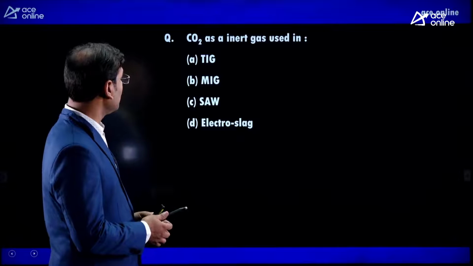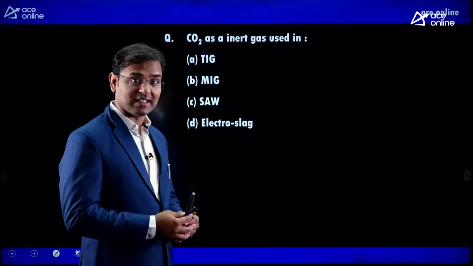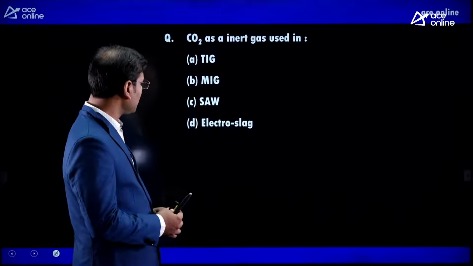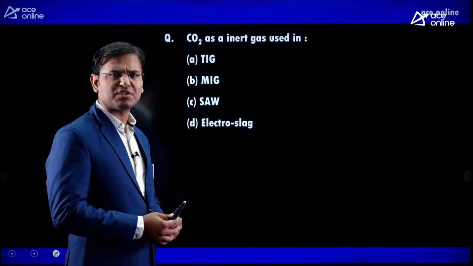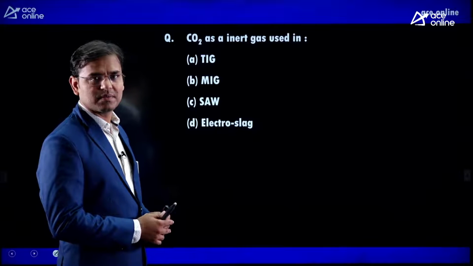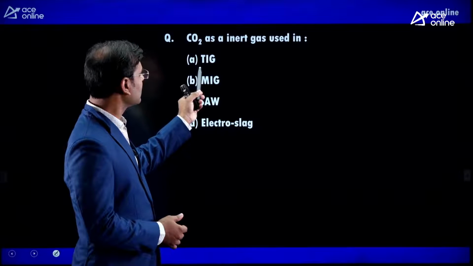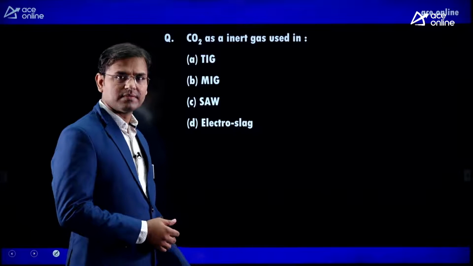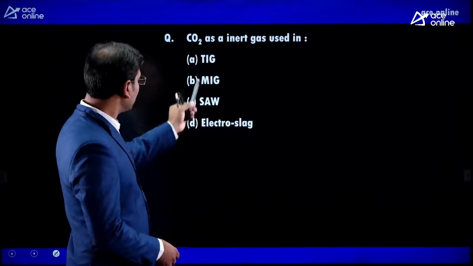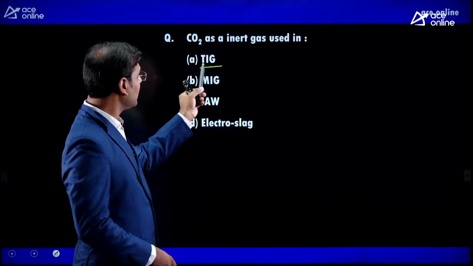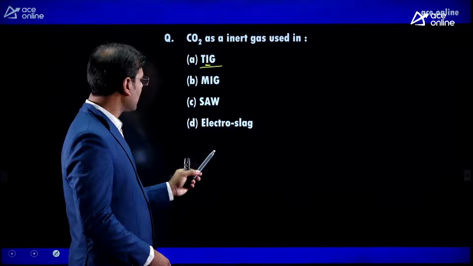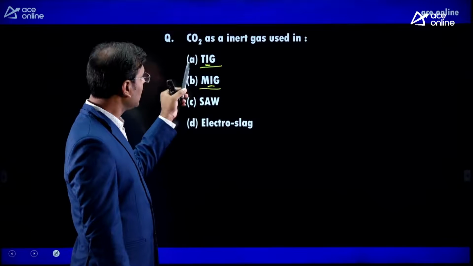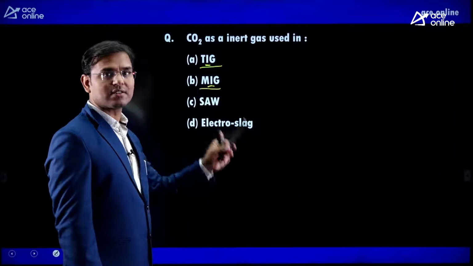Next, CO2 as an inert gas used in. Guys, in arc welding, some interesting methods are commonly used in industry. One is TIG, that is tungsten inert gas welding, and the second is metal inert gas welding. The I stands for inert gas in both TIG and MIG.